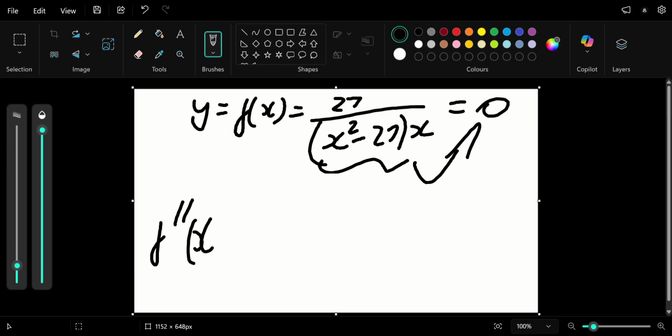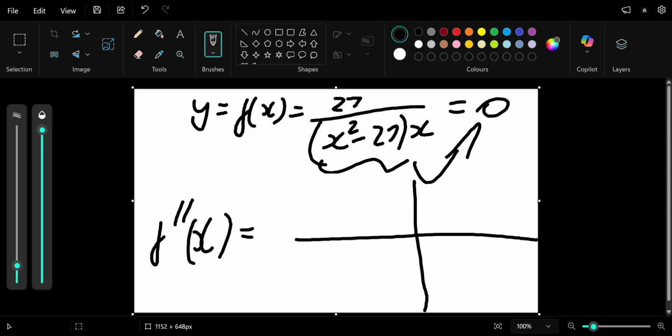For their nature, we'll have to find the second derivative, and I'm going to go through quickly the long-winded method of finding the second derivative through calculations, but you can easily just take a few points.